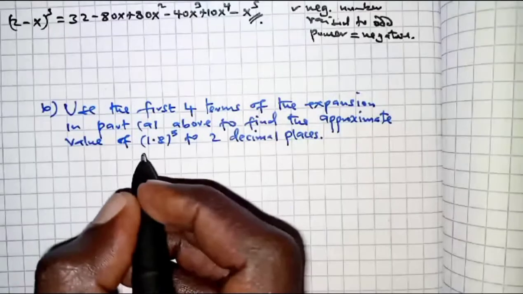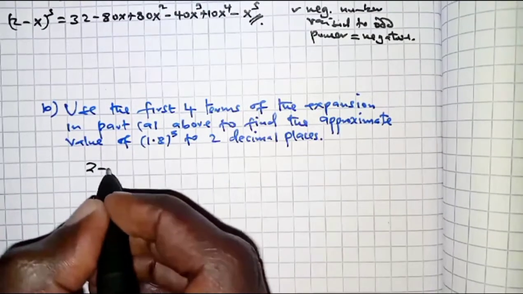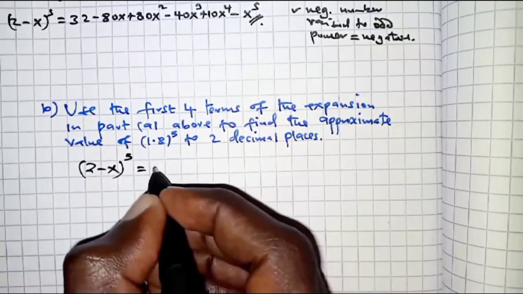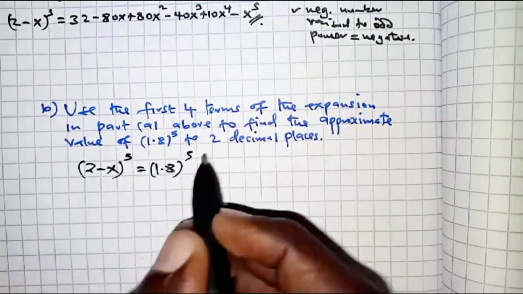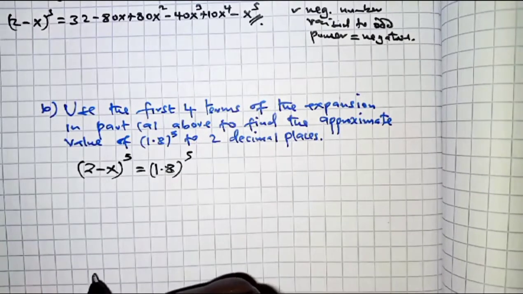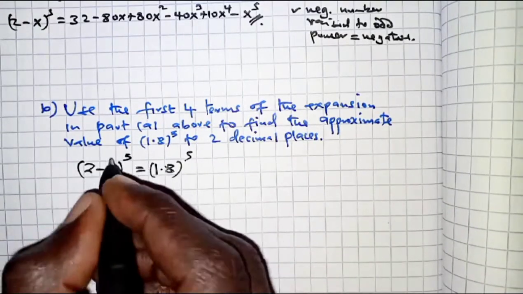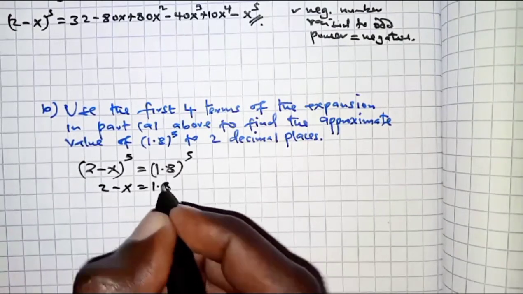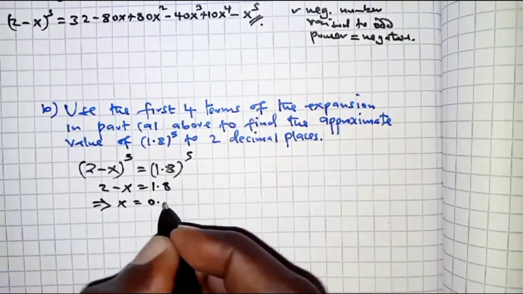We have (2 minus x) raised to the power 5 related to 1.8 raised to the power 5 by the fact that both are raised to the power 5. That also means that the values in the brackets can be equated. So we have 2 minus x is equal to 1.8. From here, this implies that x is 0.2.